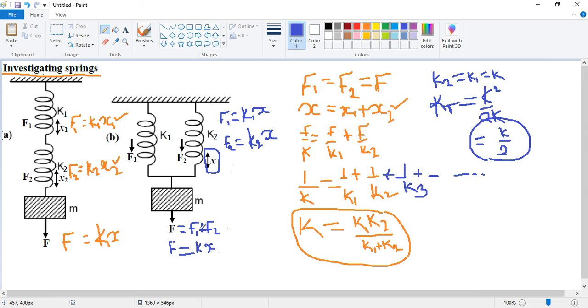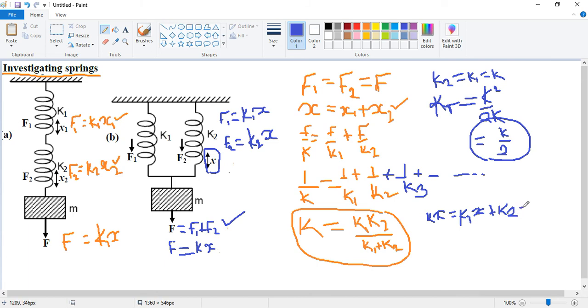Since F is equal to F1 plus F2, I'm substituting into this equation. F is Kx, equal to F1, which is K1 X, because the extension is the same, plus F2, which is K2 X, because the extension is the same for springs in parallel.